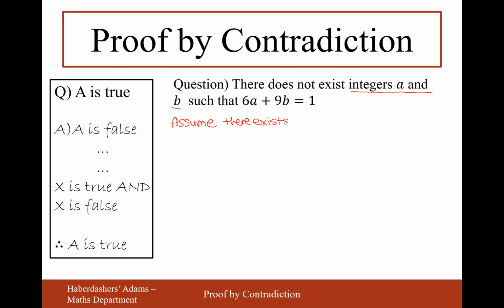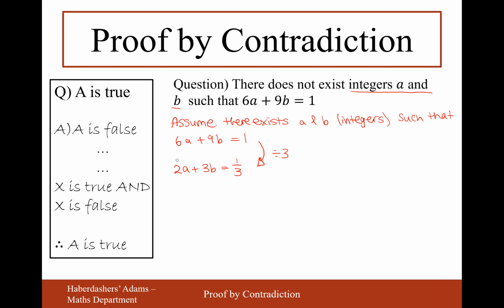Assume there exists integers a and b, integers, such that 6a plus 9b equals 1. And just to make it really obvious that there's a factor of 3 here, we can start off the algebra by dividing by 3. So let's do 2a plus 3b equals 1/3.